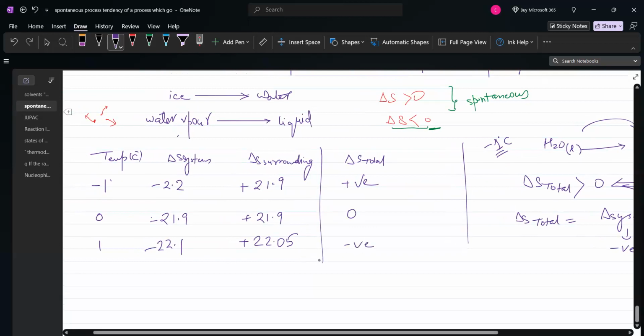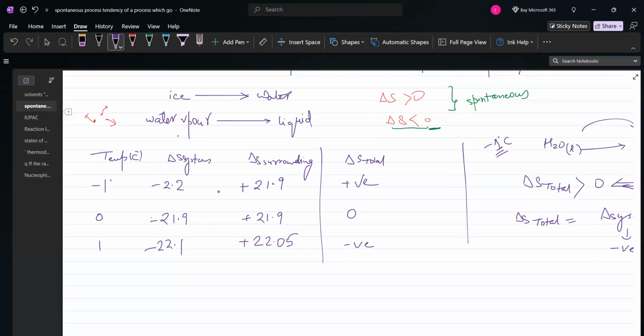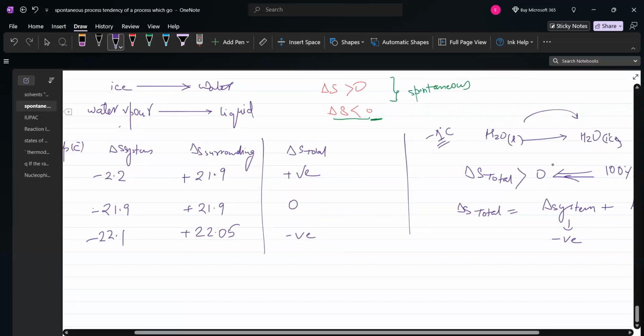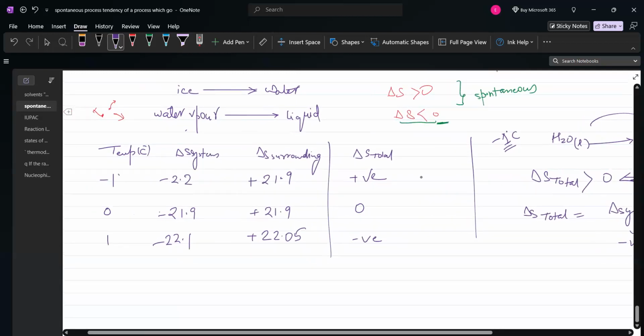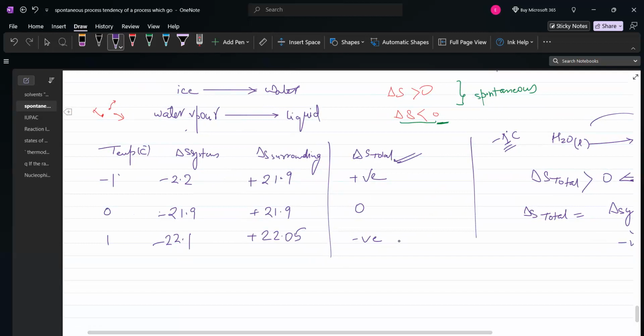Right? So at -1 degree Celsius, delta S total is positive, which means liquid will convert into ice, because we have to comment on delta S total. And at 1 degree Celsius, delta S total is negative, so this will not happen. Liquid will not convert into ice.